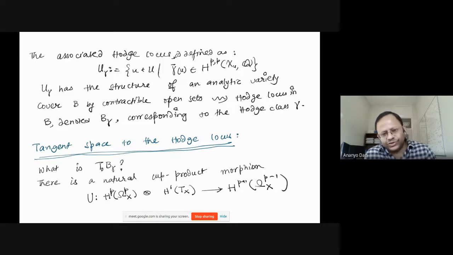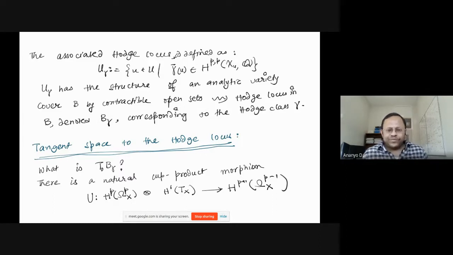So I am going to go to the tangent space, as Hossein said, since these dual numbers are really looking at the tangent space. From this Hodge locus that we have defined, if we want to understand the question at the infinitesimal level, we really have to look at the tangent space to this Hodge locus.